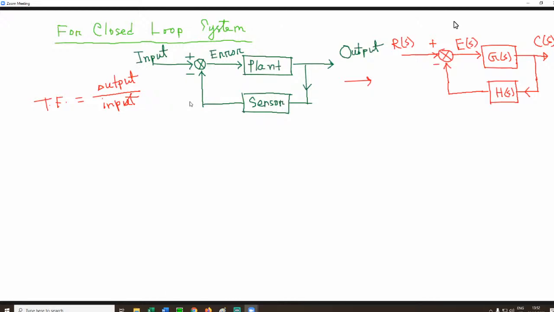Now for this closed loop system, let's write the equations from the given diagram. What is the equation of error? Okay, there is a feedback signal. You can represent the feedback signal by B(s). Now what is the equation of error for this diagram? Sir, B(s) is feedback, sir. R(s) minus B(s), sir. Yes, so E(s) equals R(s) minus B(s), right? Very simple.